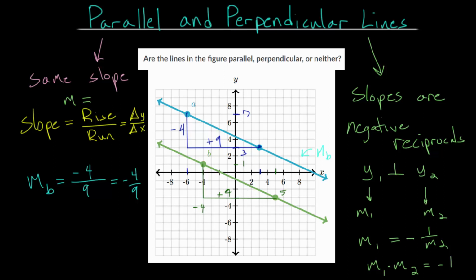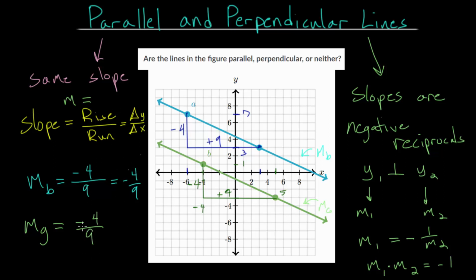So that rise is also negative 4. Since we're going down, it's negative, and you can count 1, 2, 3, 4 units down. So the slope on this line, which we can call mg for the slope of the green line, is -4 for the rise and positive 9 for the run.